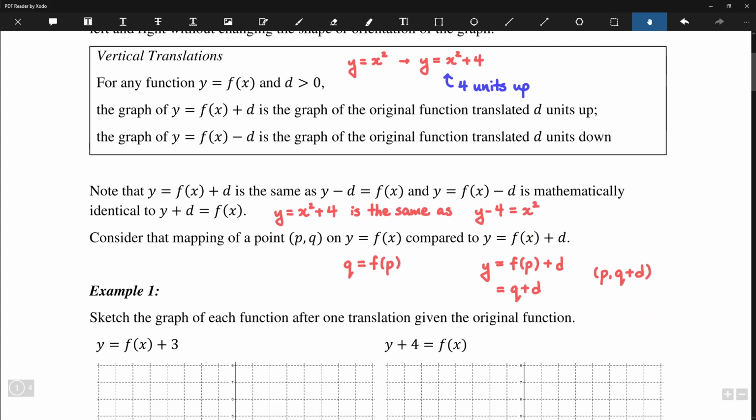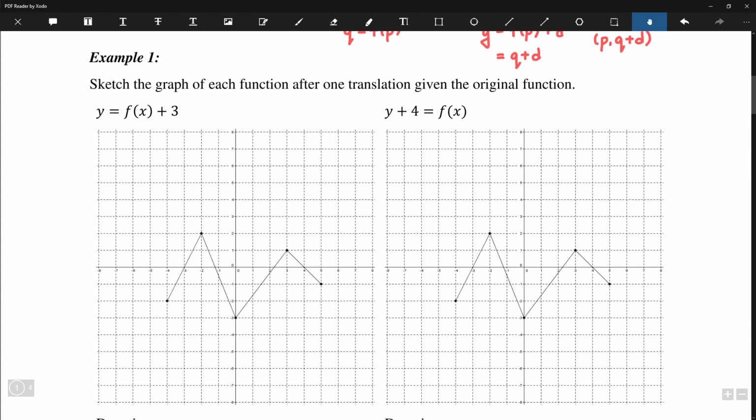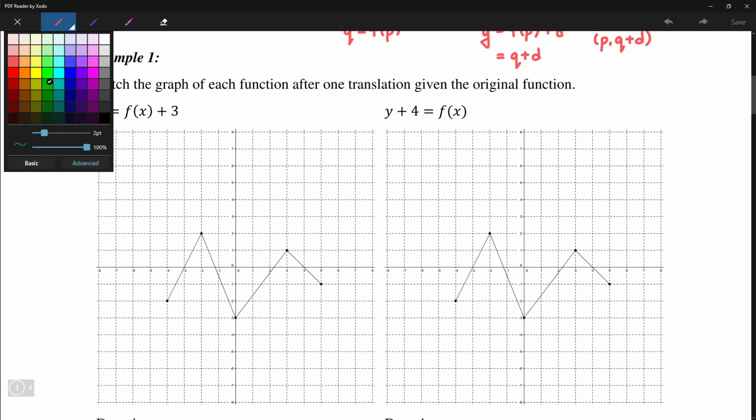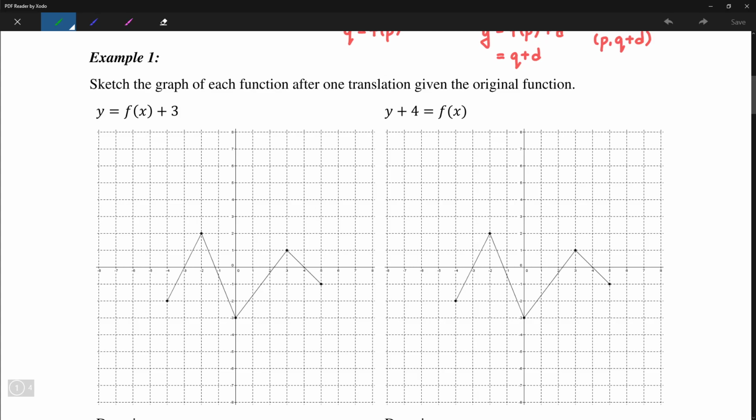Okay, so let's look at some examples with graphs. So this would make a little more sense. On the left, this is just a piecewise function. On the right is the same one. We notice right away that this graph is up 3 spaces, because of the plus 3 here. So essentially, what we can do is simply plot all the points 3 spaces up. Start here, 1, 2, 3, 4, 5.